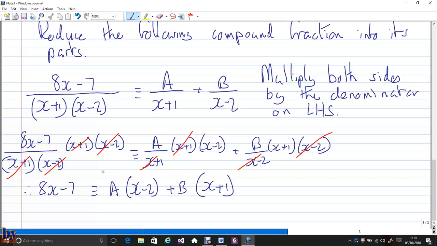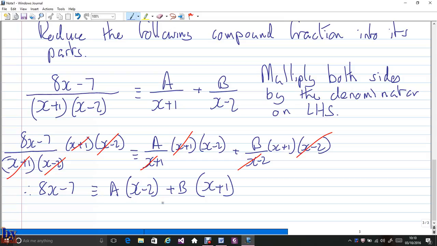Now then, what we've got here is an expression with two unknowns, capital A and capital B, and you can't solve an expression with two unknowns. What we've got to do is get rid of one of the unknowns. If you get rid of one, you've only got one left, and you should be able to solve for one unknown.